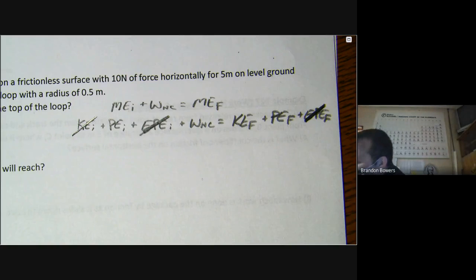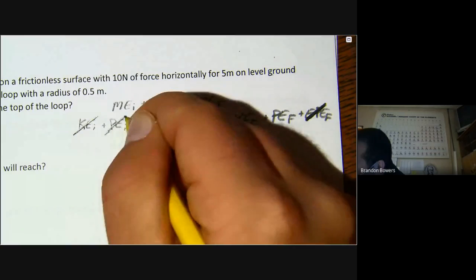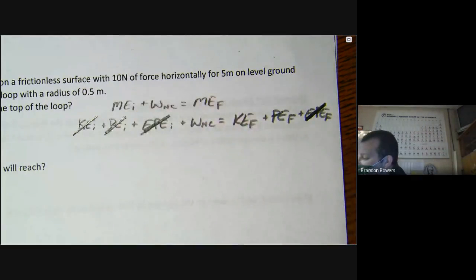Not on level ground. I shouldn't have potential energy. Down to 3. The reason for level ground: potential energy is mass times gravity times height, so if height's 0, I'm down to 3. All right, I can do 3. 3's not too bad. So let's look at these.